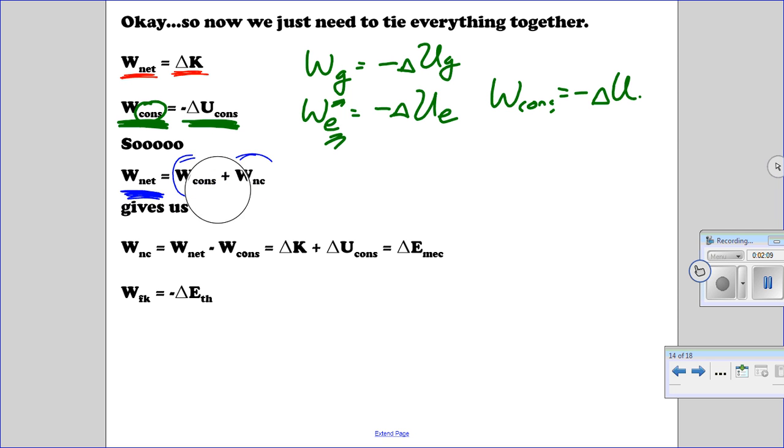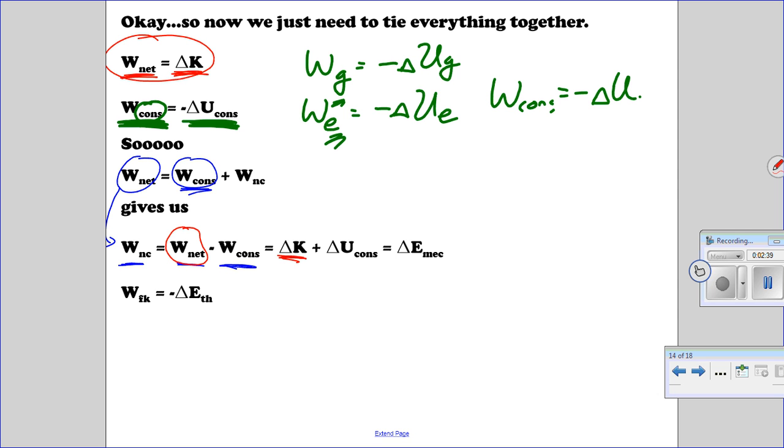Okay, so let's clean this up a little bit. Let's algebraify this. I'm going to just subtract this from both sides of the equation, and that gives me this, right? I'm just subtracting the work done by conservative forces. So I get the work done by non-conservative forces is equal to our net work minus the work done by conservative forces. Okay? Well, look, net work is change in kinetic energy. So I'm going to replace this thing with change in kinetic energy.